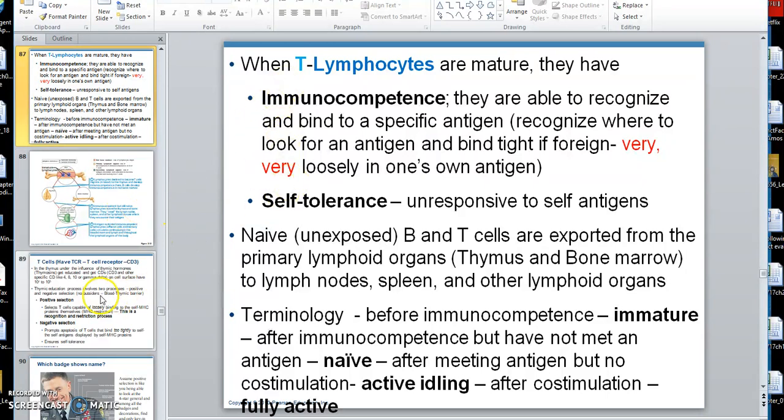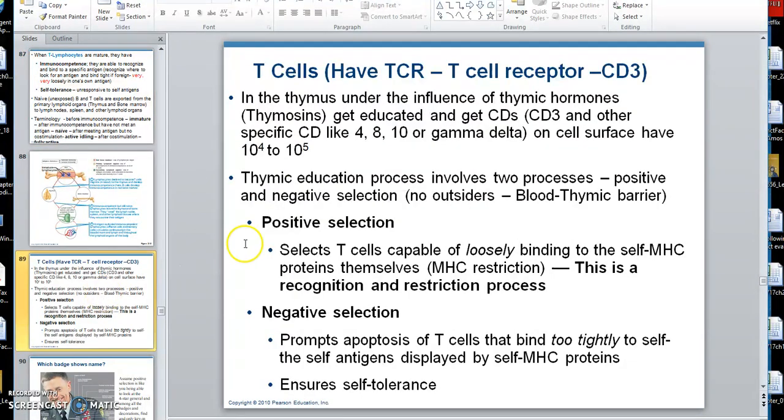When we come to the T cells, positive selection is more of the immunocompetence, in a way, and negative selection is where you don't fight yourself, and we'll see that.